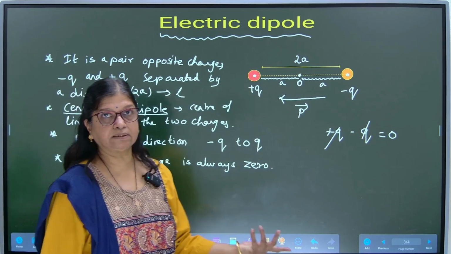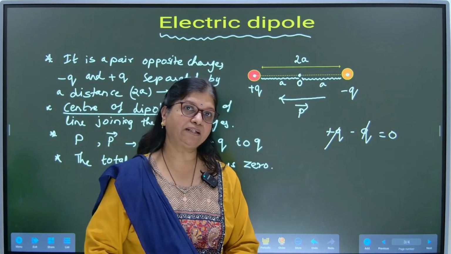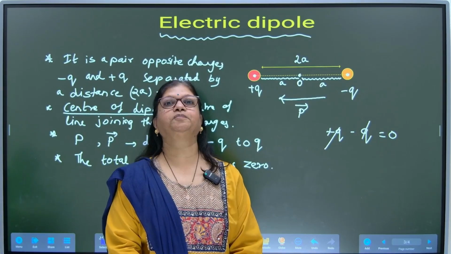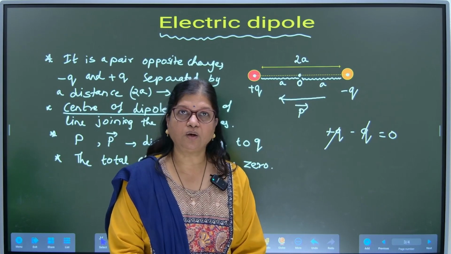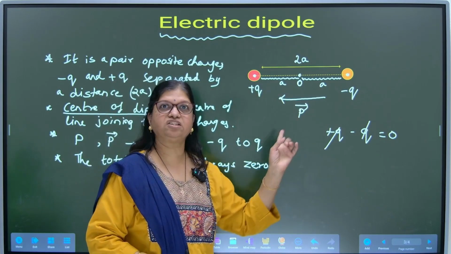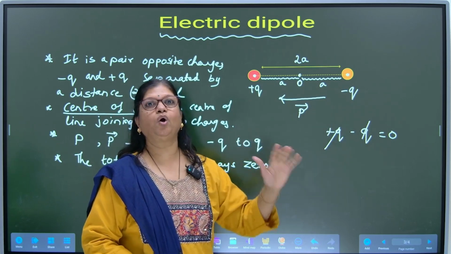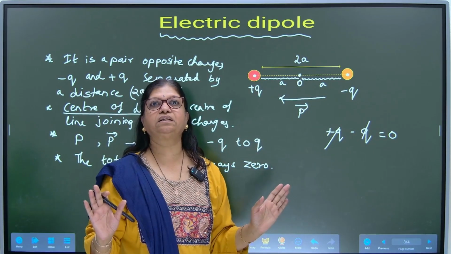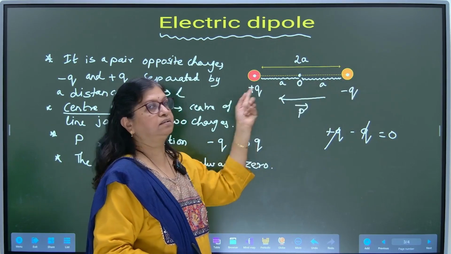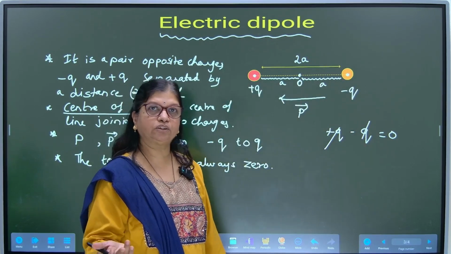So what are we saying? If the total charge is 0, then where is the electric field? Is it there or is it not there? It is there. How? Because the electric field produced by each charge will not cancel each other completely at every point on the axis of the dipole. What is the axis of the dipole?